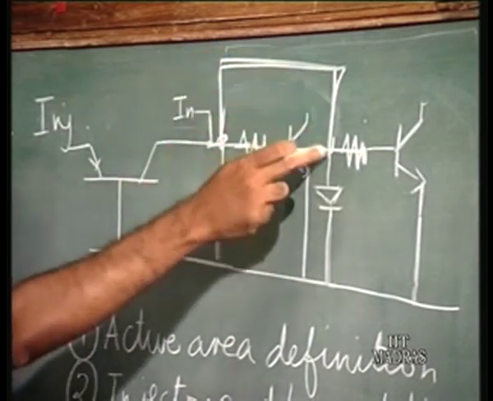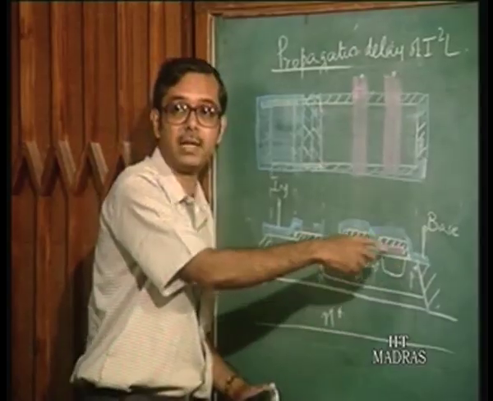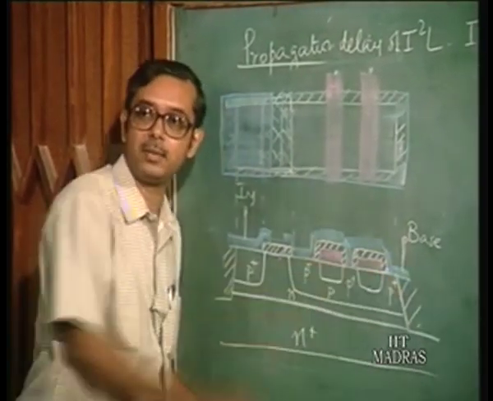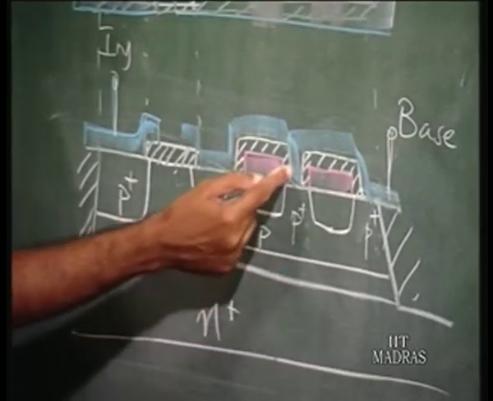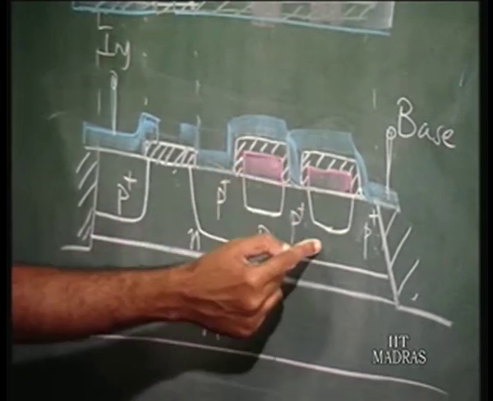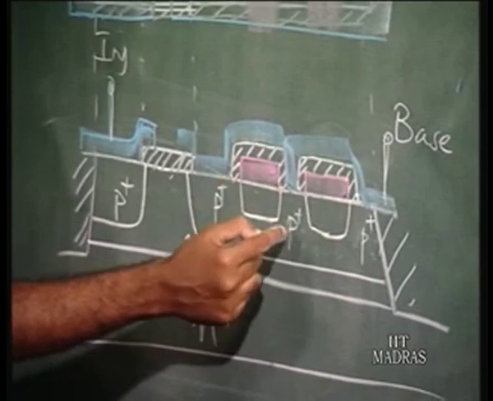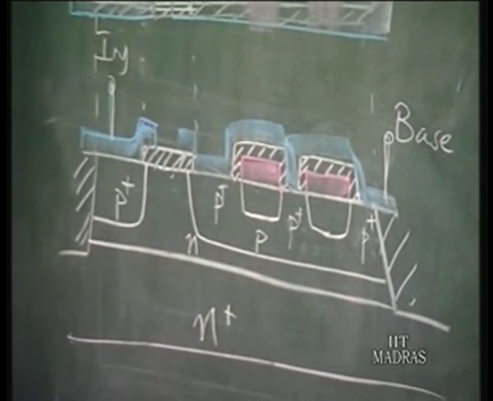All the base regions, even if you have 3 or 4 collectors, all the regions will be shorted, and this is P plus. So the series resistance to this region is going to be very small because of the P plus in the extrinsic regions.